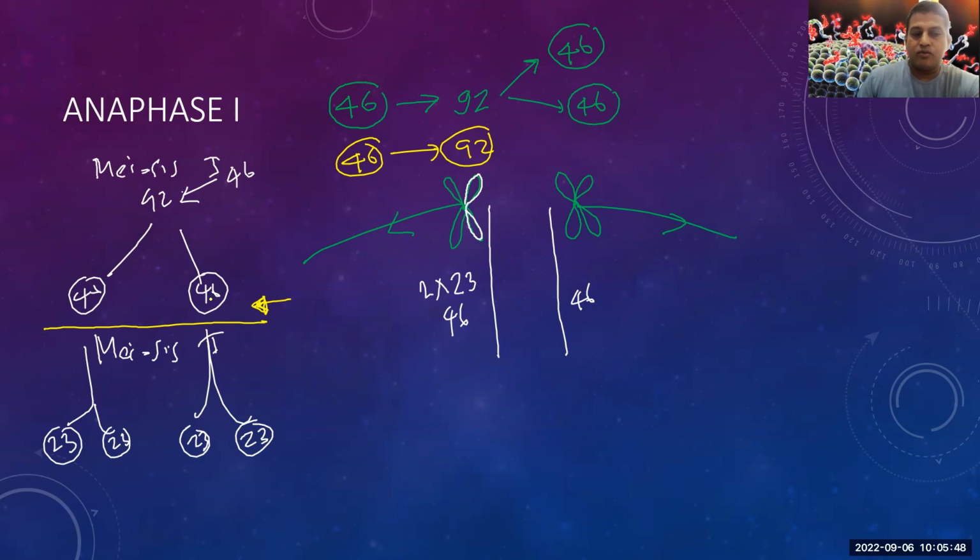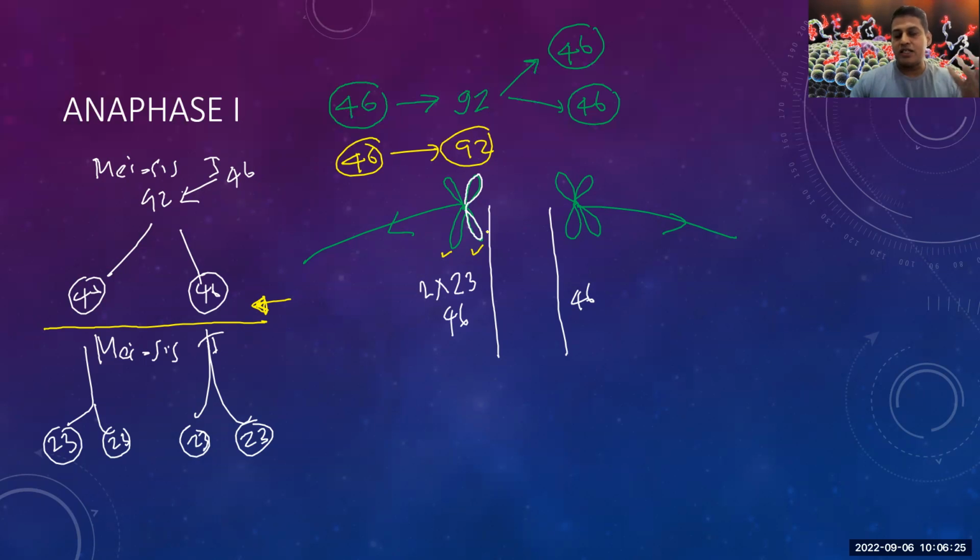Why? Because it's 46. How can we say it's a reduction division? Now look at these homologous chromosomes. We consider the separation of homologous chromosomes, because if the cell has 46 chromosomes, it is full. But when homologous chromosomes separate, half of the information is gone. It is duplicated here, but duplicated means this one and this one are the same.